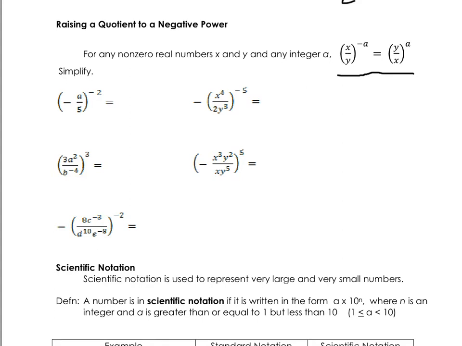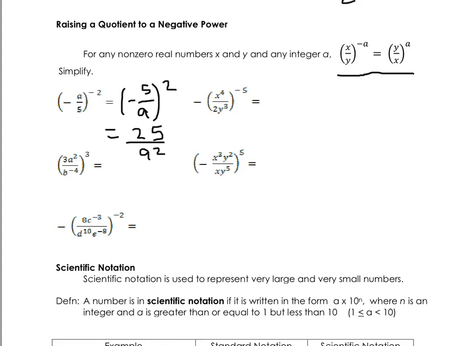So the first thing we're going to do is we're just going to flip that fraction. It's still negative, but we flipped it. We can then make the exponent positive. Flip the fraction, make the exponent positive. So when you raise a negative number to an even power, it makes the answer positive. So we have 25 over a squared.